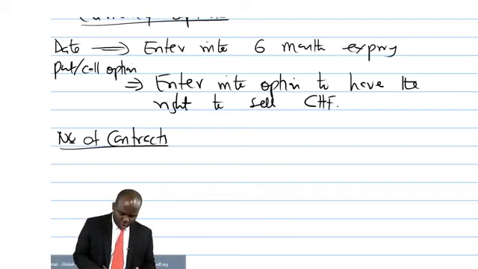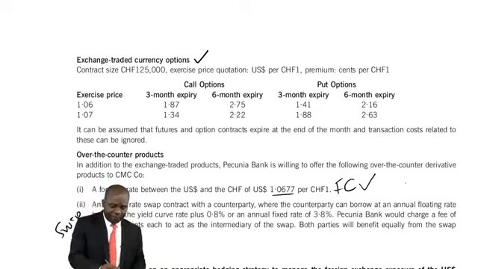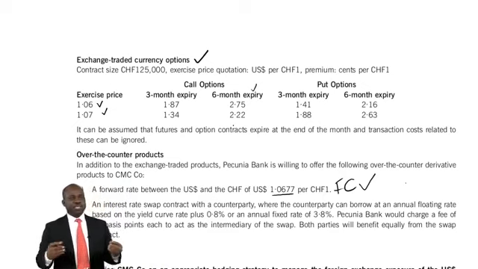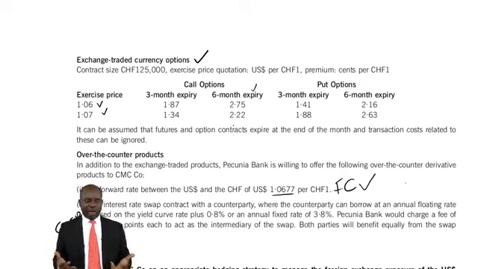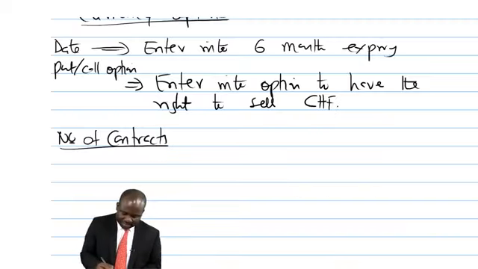But when you go to options, look at what the examiner normally does. They've given you two prices for the 6-month expiry and 3-month expiry. So he's expecting you to do the two prices. Okay, so I will say I have got exercise price.